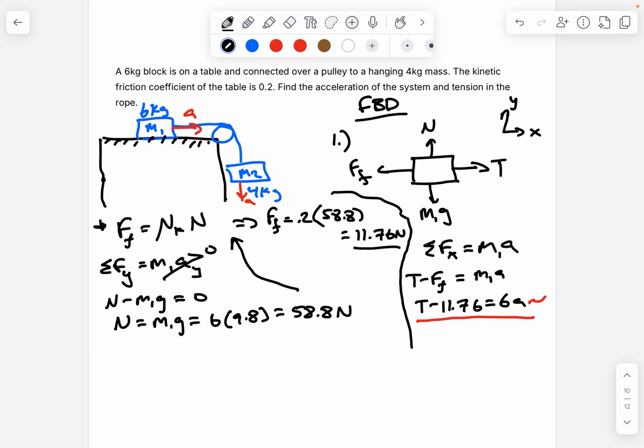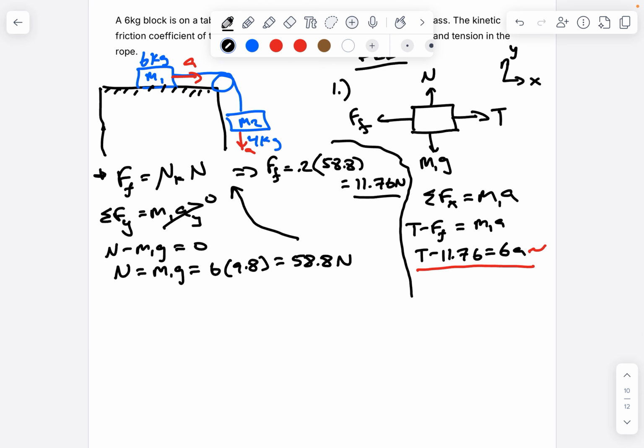Now let's go on to draw free body diagram number 2. We have weight going down, so M2G, and then we have tension going up. That's it.